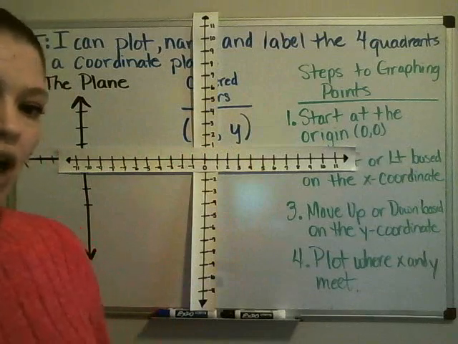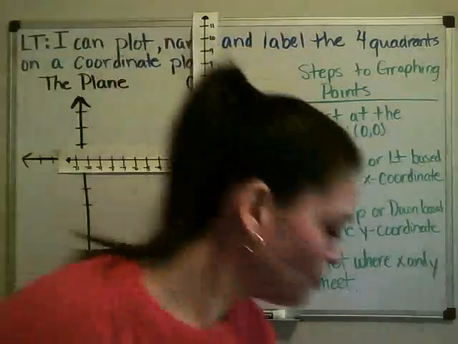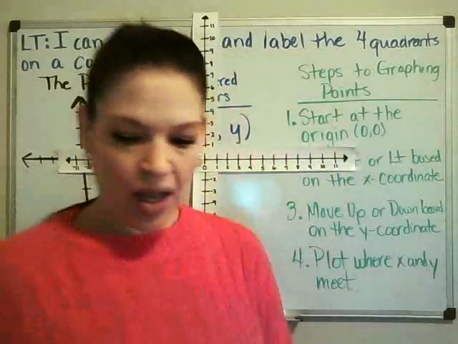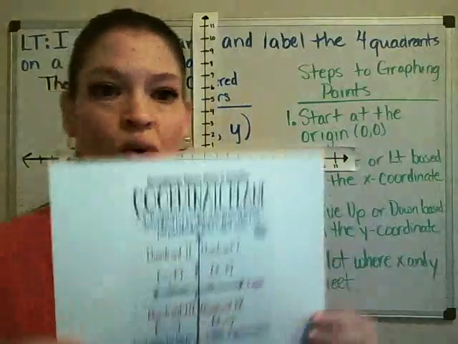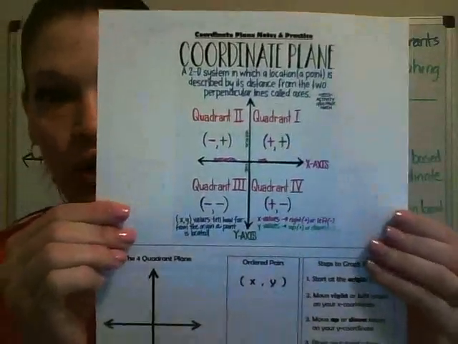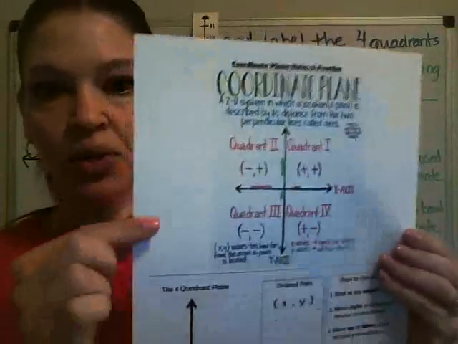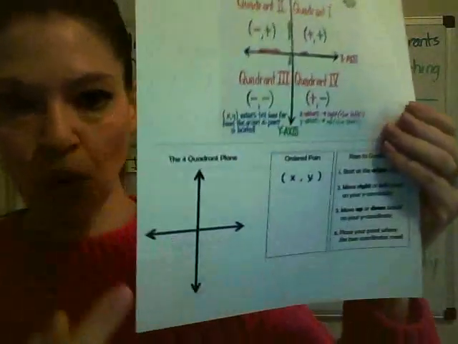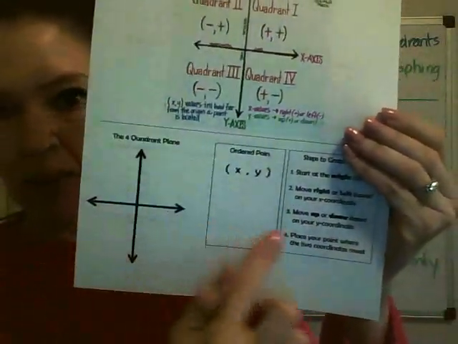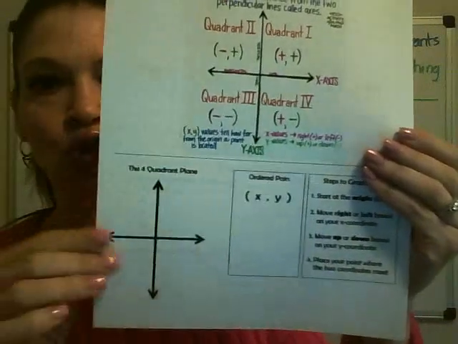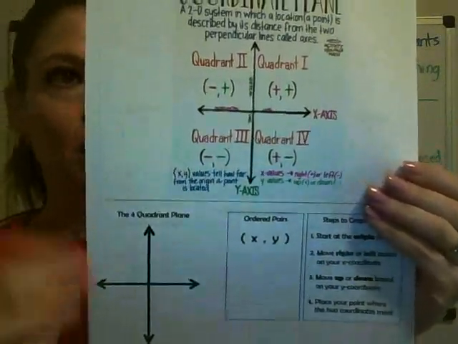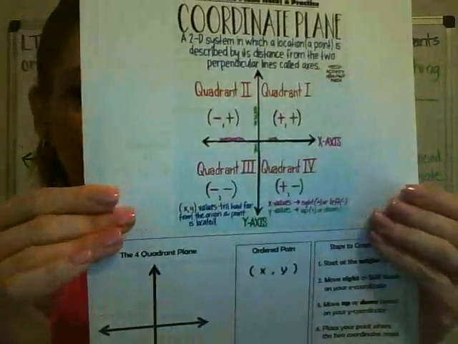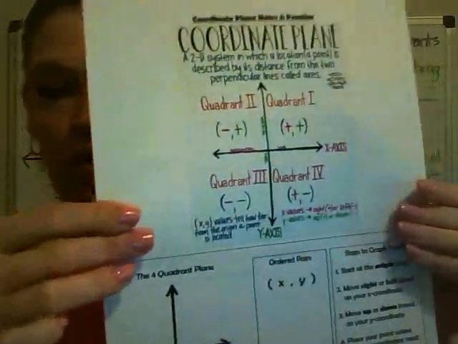On your notes for today, and this one document, we're only going to use one today, is going to be our notes, so you can make marks here if you need to. And I'm going to walk you through the bottom piece of this to show you how to plot points on the coordinate plane. And then the work that you're going to do independently today is on the second sheet.